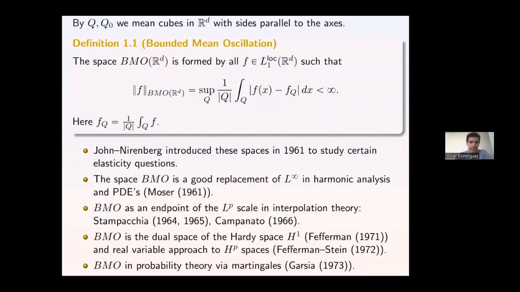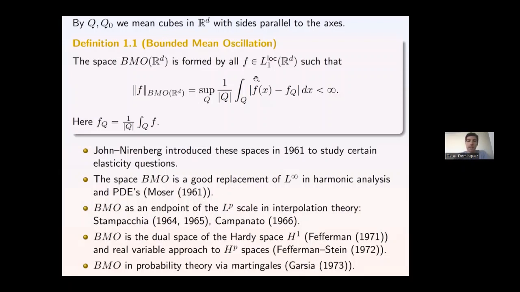I will say that a striking point in the theory of BMO came in '71 when Fefferman obtained his famous duality theorem. I mean, the dual of the Hardy space can be characterized as BMO. And in '72, Fefferman and Stein were able to develop a real variable approach to the theory of Hardy spaces in connection with Carleson measure estimates.